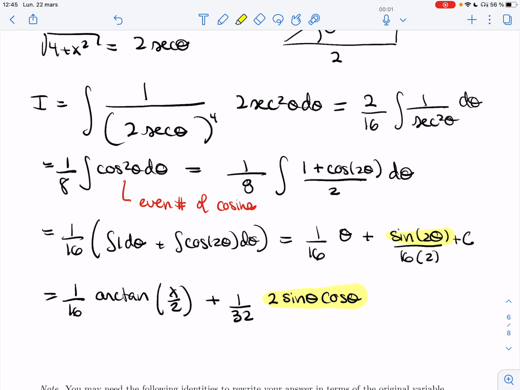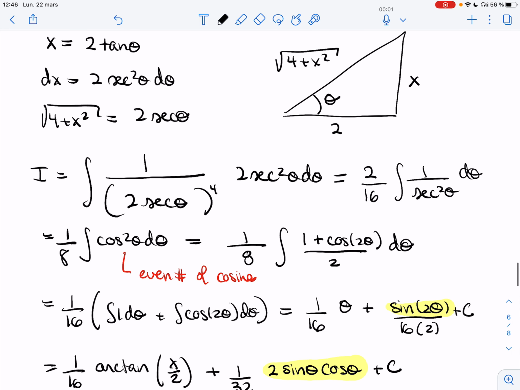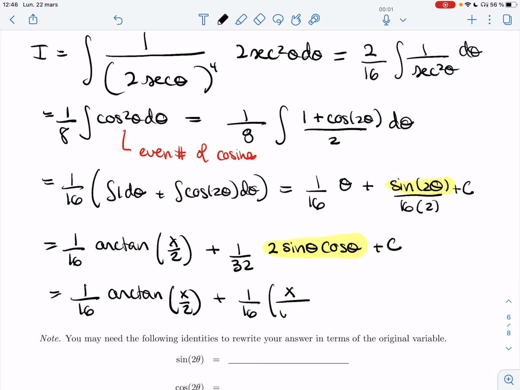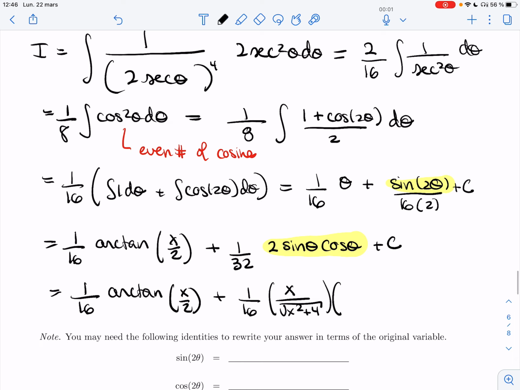Right, so this is the same as this, and I'll end up with 1 over 16 arctan of x on 2 plus 1 over 16. And then sine I can read in the triangle. Sine is opposite over hypotenuse, so that's x over my square root. And cosine is adjacent over hypotenuse, so that's going to be 2 over the square root.